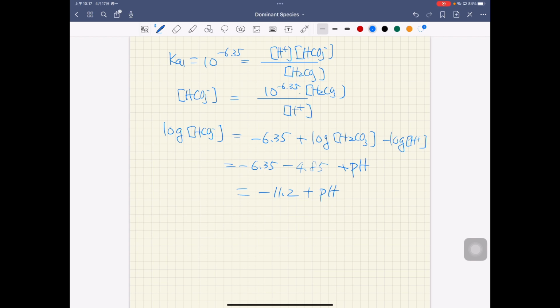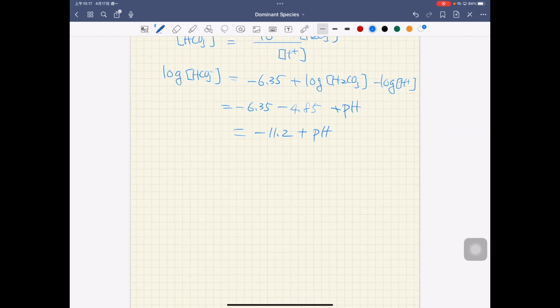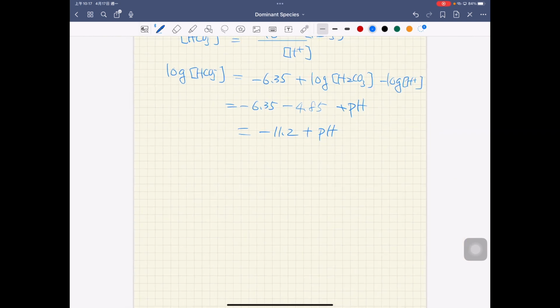And then you do the same thing for CO3 2 minus, okay? For CO3 2 minus, I am going to use Ka2. Ka2 equals this, right? Okay.